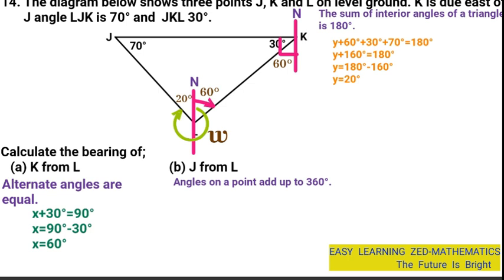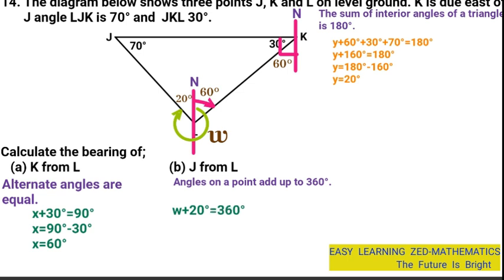So they are angles on a point, and we can use that property to find the value of W. So W plus 20 degrees is equal to 360 degrees.